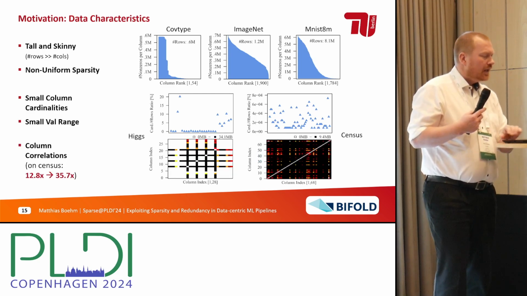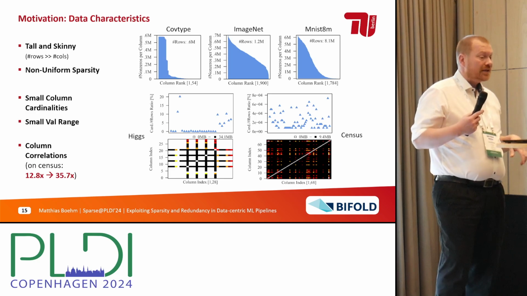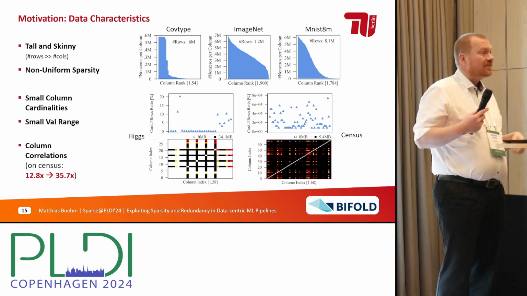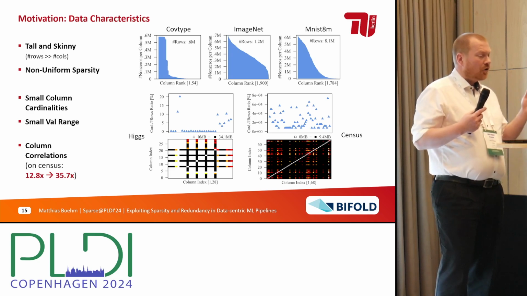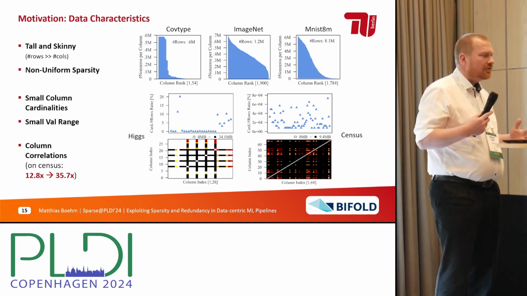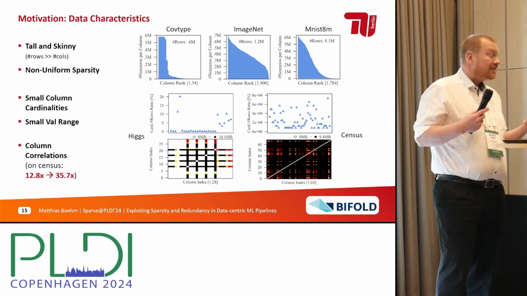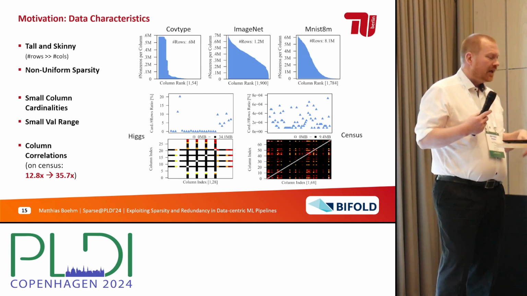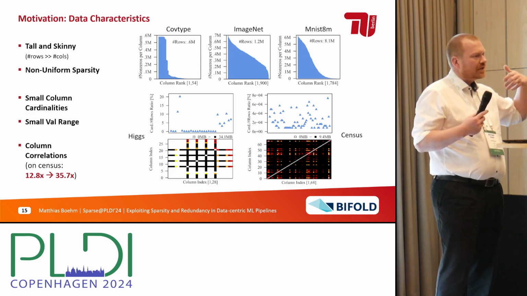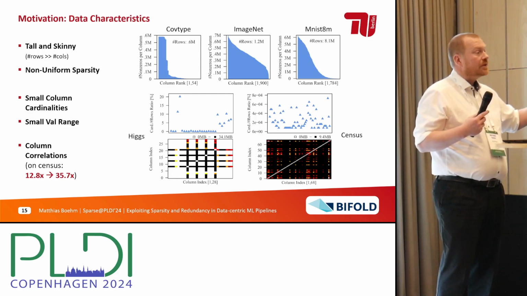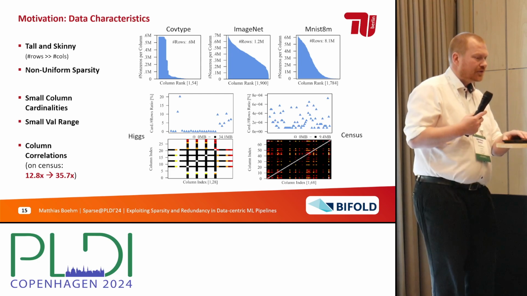And furthermore, you have a lot of column correlations. On the right, you see, for example, a census data set where almost every column is correlated with every other column, which makes a case for co-coding columns. And you see that the compression ratio that we got increased by almost 3x by exploiting those column correlations.